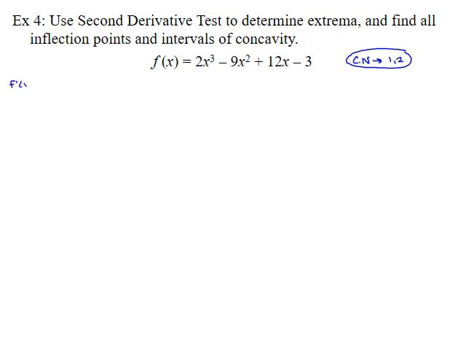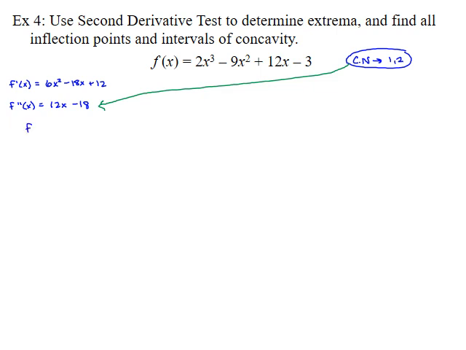So we need our second derivative. So f prime of x, remember, was 6x squared minus 18x plus 12. And your second derivative is now going to be 12x minus 18. Remember, the second derivative test just says you now need to take the critical numbers we found on example number 2 and plug them into the second derivative.